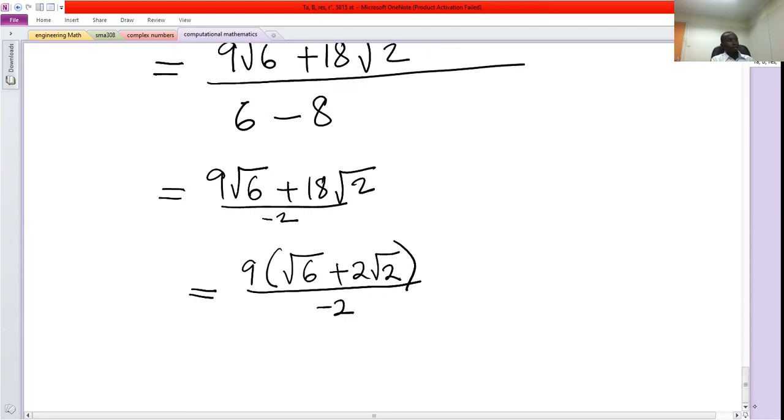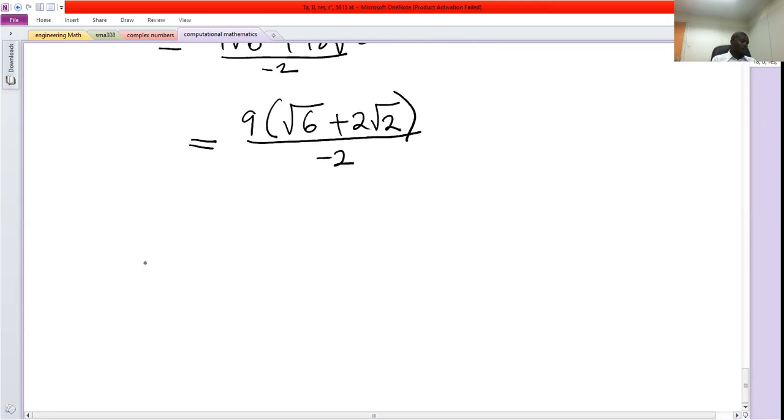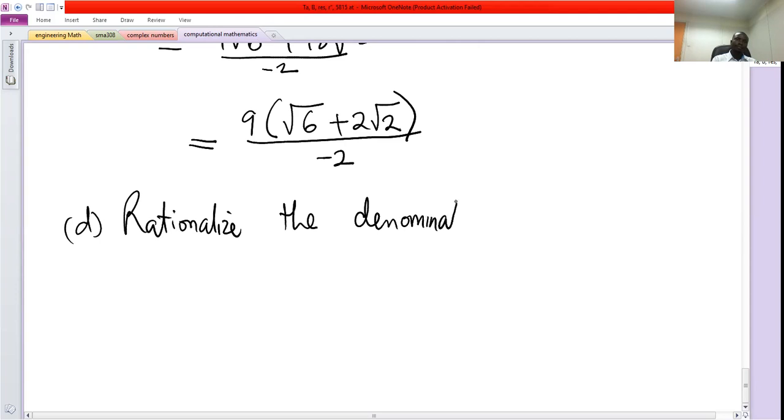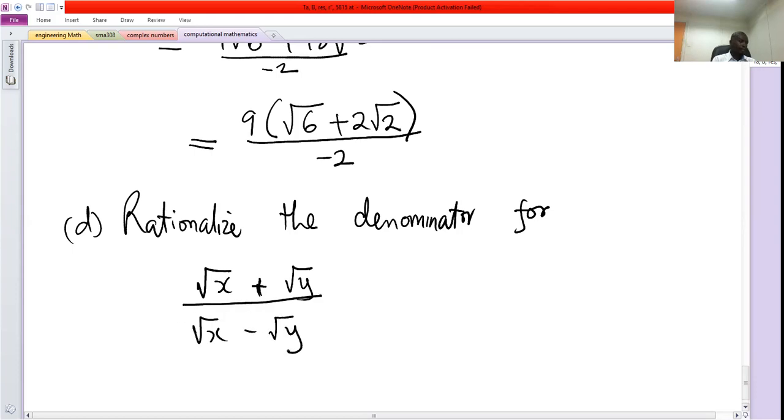And then another problem, if we have D, rationalize the denominator for root x plus root y divided by root x minus root y.